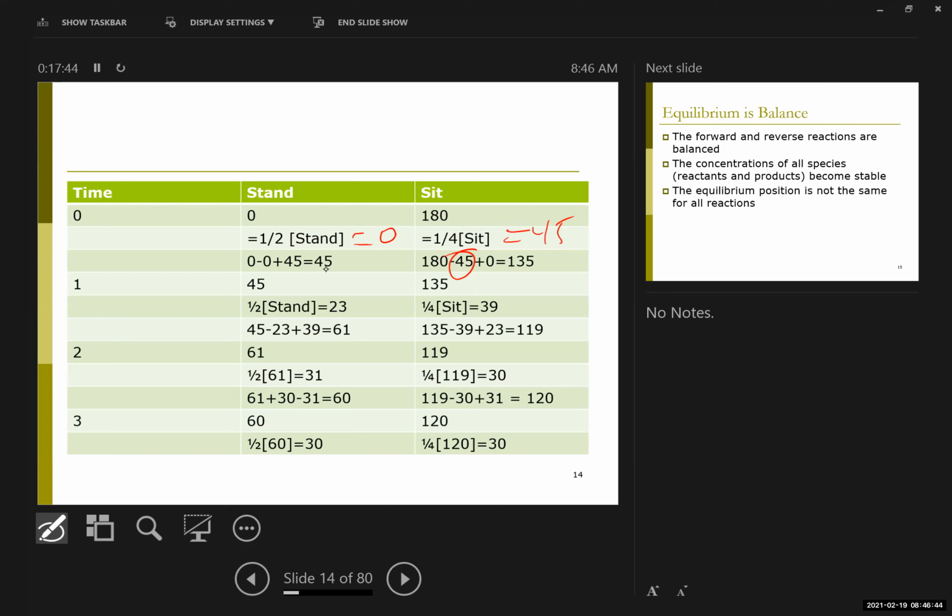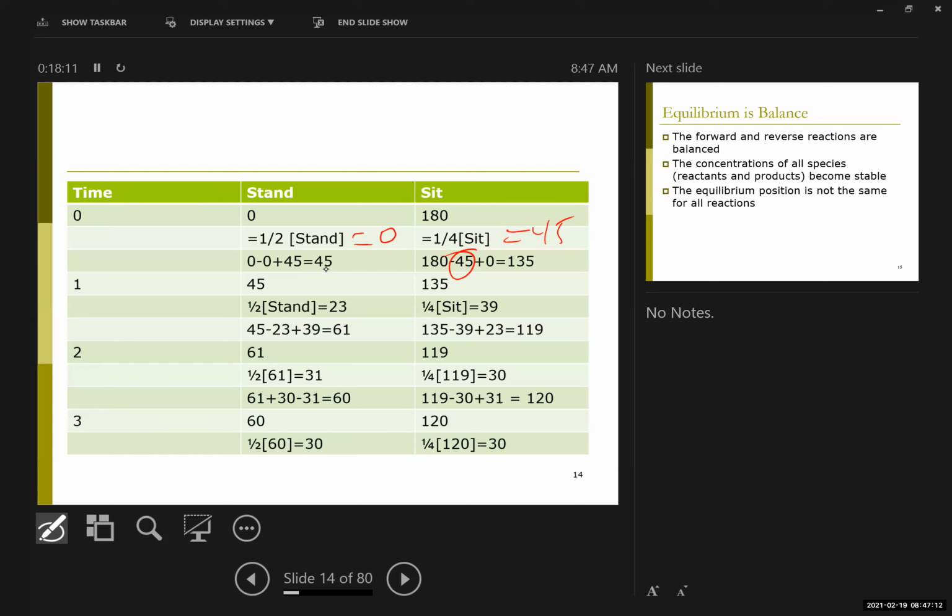Right. At that point, half of 60 is 30 and a quarter of 120 is 30. Right. From that moment onward, the number of people sitting is changing at exactly the same rate as the number of people standing. Right, I've got 30 going from sit to stand and 30 going from stand to sit, which is a net change of 0.